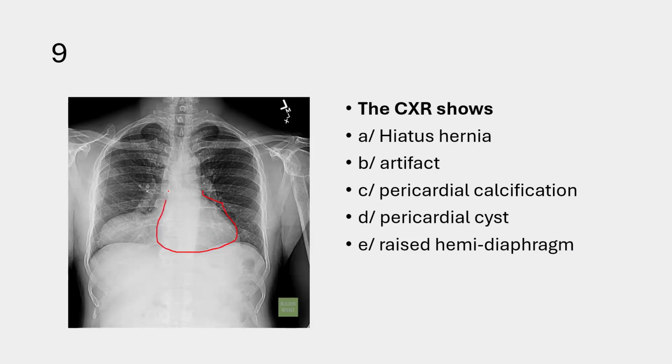It's like this. But we are going to see this density here at the right cardiophrenic. Okay? Most likely cyst. Yes, this is most likely a cyst. This is the typical location of pericardial cyst.